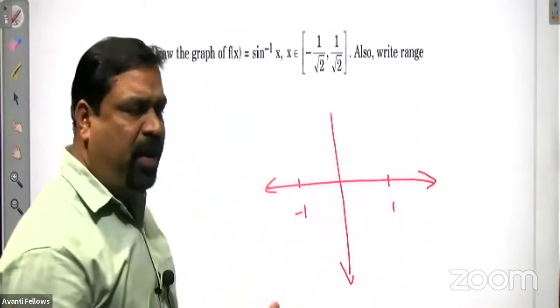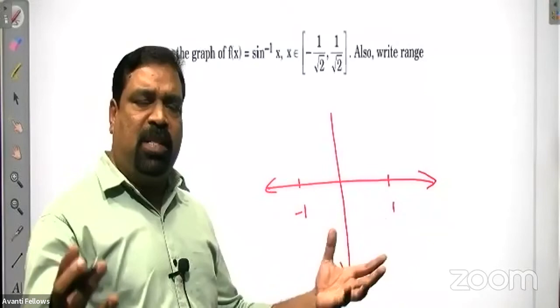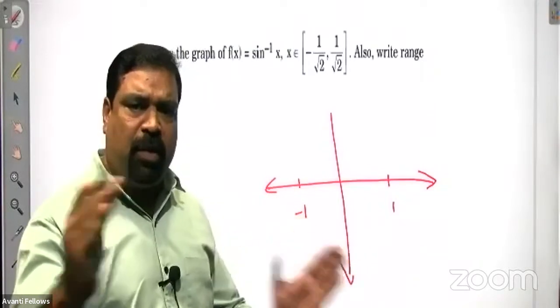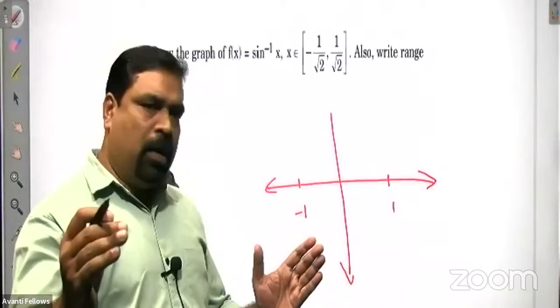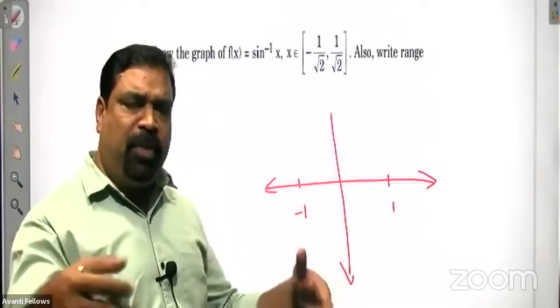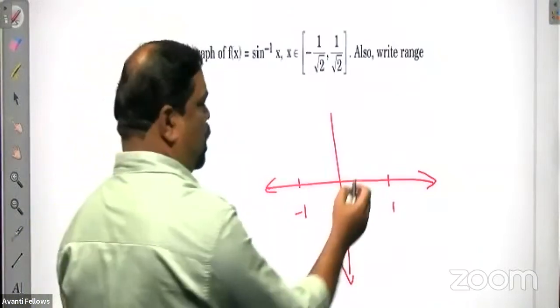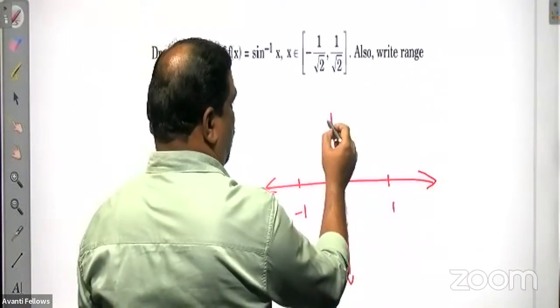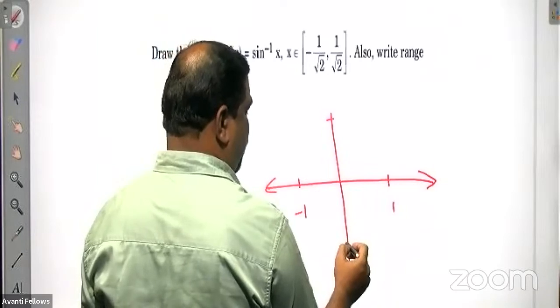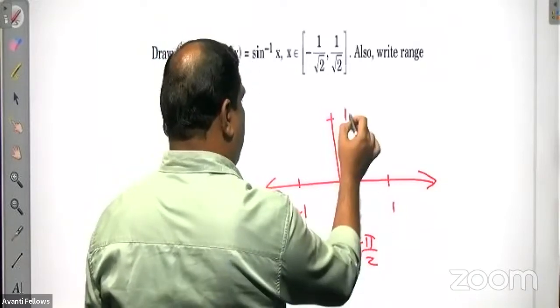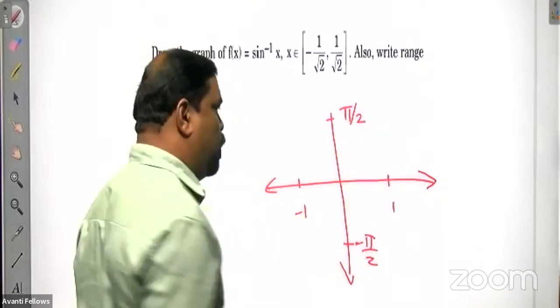Sine inverse x, if I take the whole sine inverse x, that is a function from minus 1 to plus 1. Domain is minus 1 to plus 1, closed interval. And the range, the principal value branch, is minus pi by 2 to plus pi by 2. If I take the complete sine inverse function, first I will draw the whole graph.